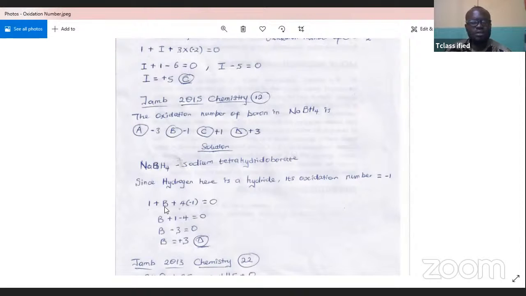It is +1. So this is the boron here, and this is the hydrogen, -1. So you have 4 times -1, making it -4. You have 1 minus 4, that is -3. So you have B -3. Taking this 3 over to this side, you have +3.